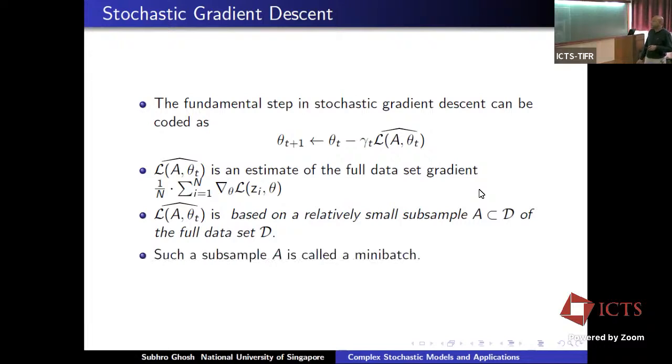This kind of a subsample is called a minibatch. And as you can imagine, sampling these random subsets A in a good way is going to be very important for how well our gradient descent process converges, or how good this approximation is.